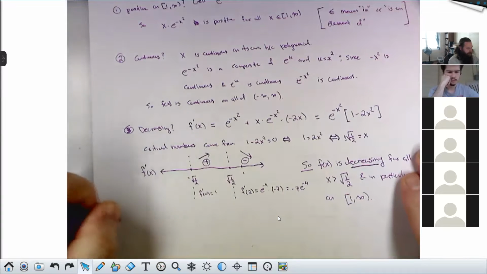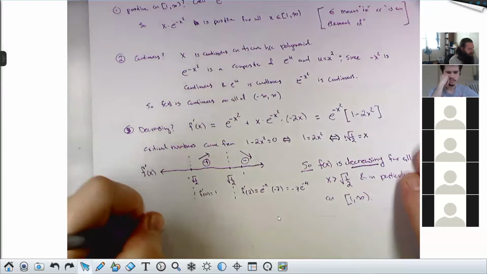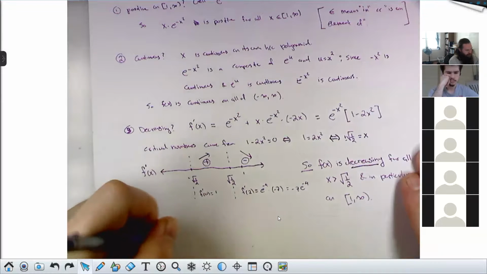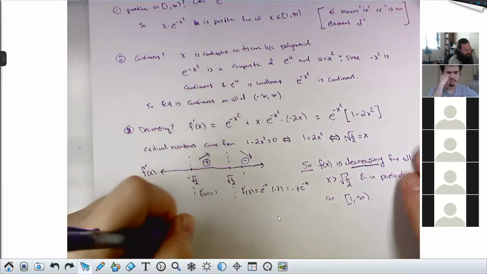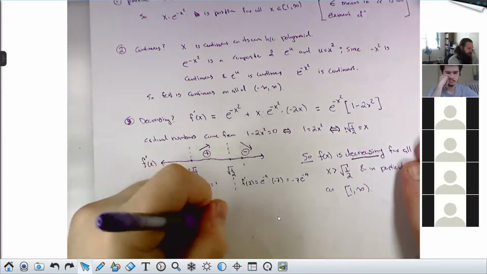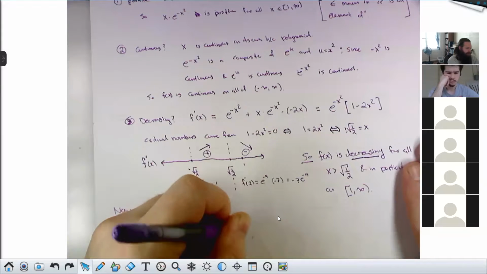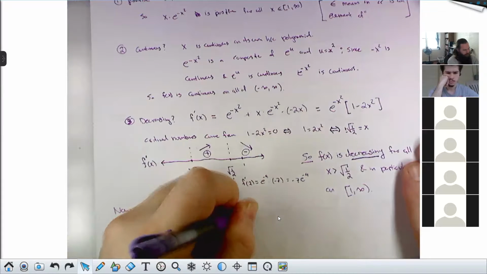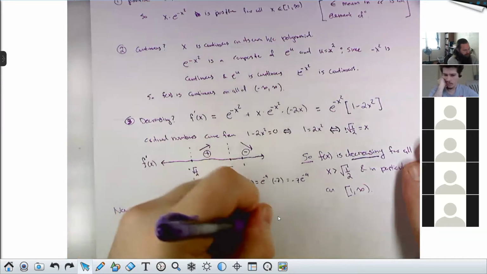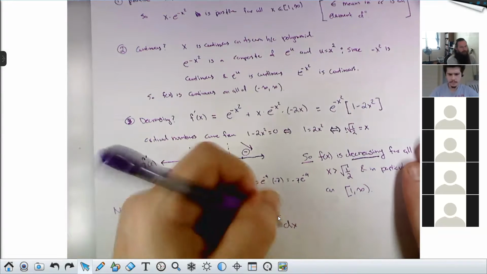Now we compute the integral from 1 to infinity of x e to the negative x squared dx. This is the limit as r goes to infinity of the integral from 1 to r of x e to the negative x squared dx. How do I do this integral?